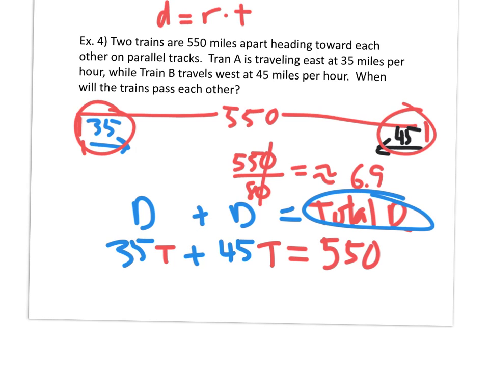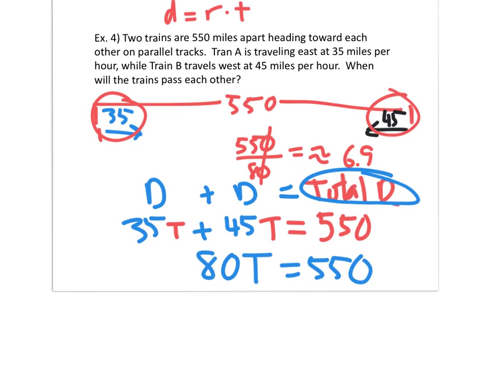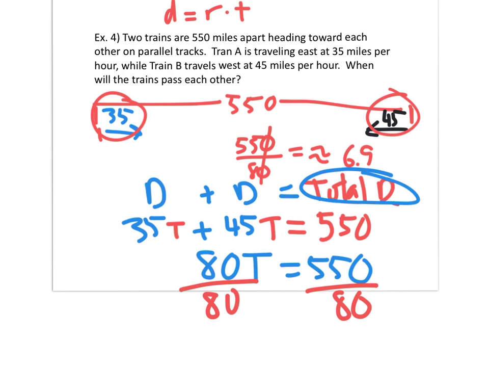So this becomes the equation of 35t plus 45t, which will equal 80t equaling 550, and there's your equation that you could solve by simply dividing both sides by 80. And that's how we're going to get the same exact answer as up here, 6.9.